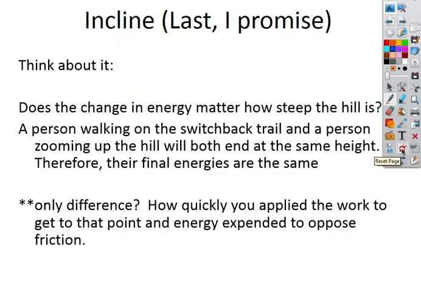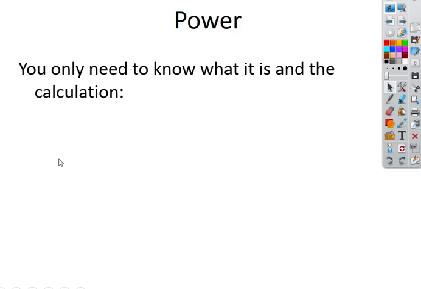The only other difference in this particular part, I know we're going a little long here, is possibly how quickly they apply that work. And so that gets us to one last topic, and usually AP tests only ask one question about this, so we need to know it. And that is power. At least the last two years, I feel like I've only ever seen one question on power on each test.